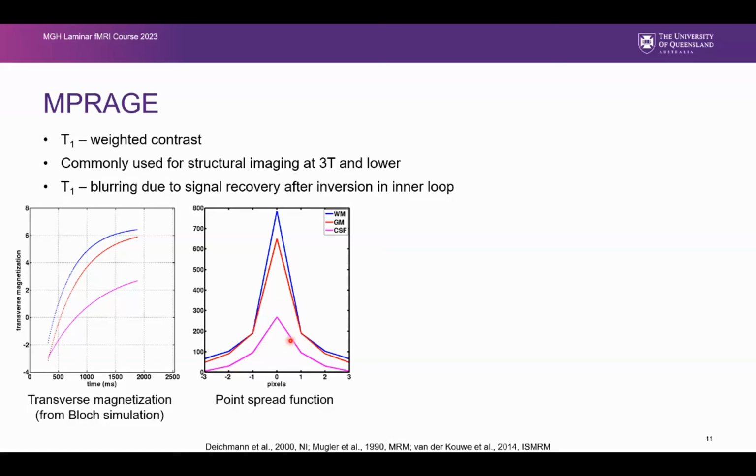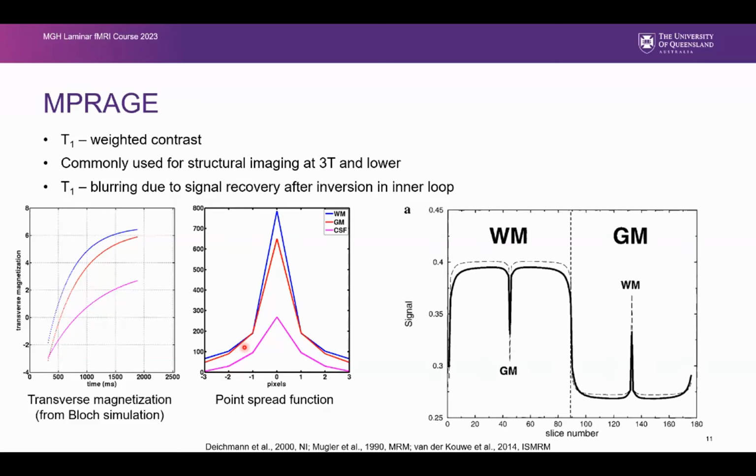If you don't do this very well, you introduce blurring, because the signal changes over your readout time. Like the T2* blurring earlier in EPI, it puts a filter onto your k-space. On the right you have a worst case scenario. So we have white matter. This is a simulation, by the way.